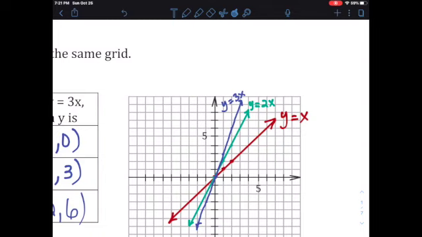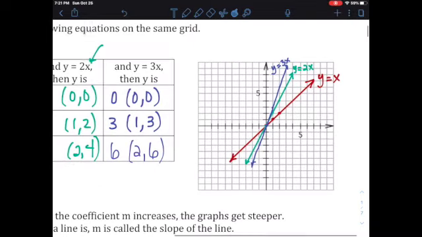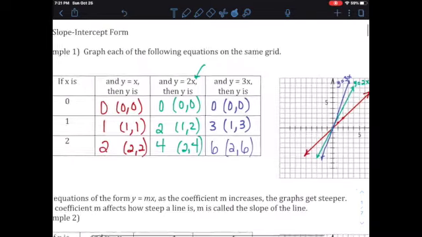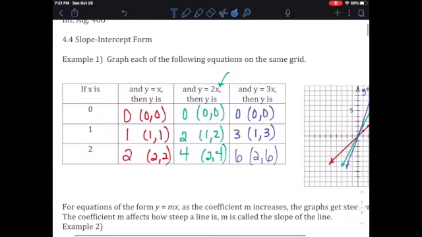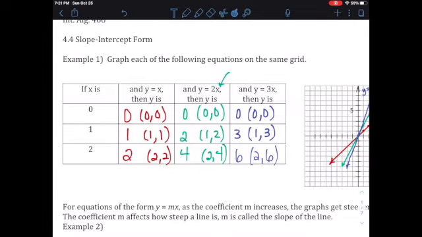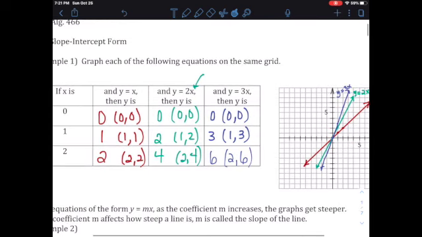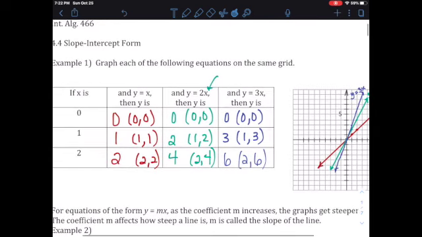Now, if you look at the conclusion down at the bottom, it says, for an equation of the form y equals mx, as the coefficient m increases, the graph gets steeper. So you need to know that coefficient right here: y equals mx, as the coefficient m increases, the graph gets steeper.